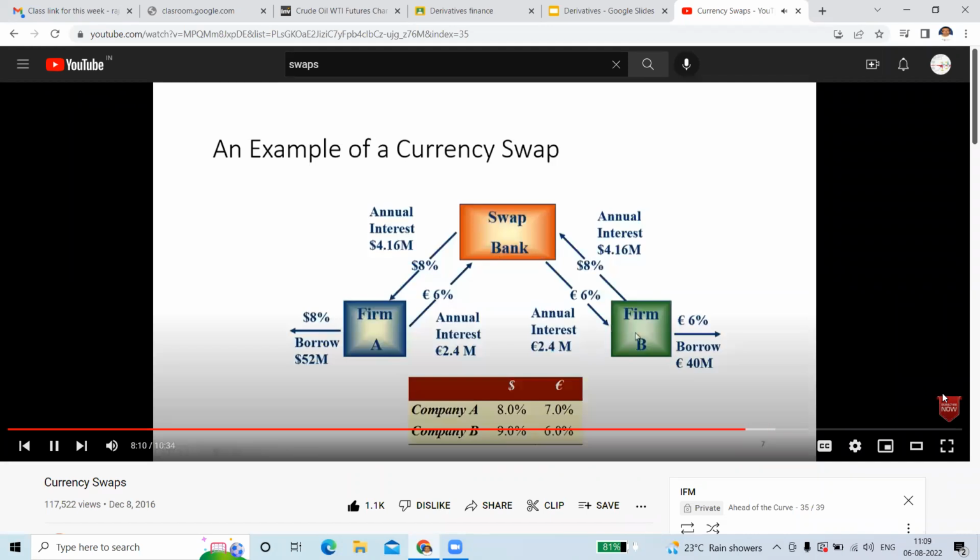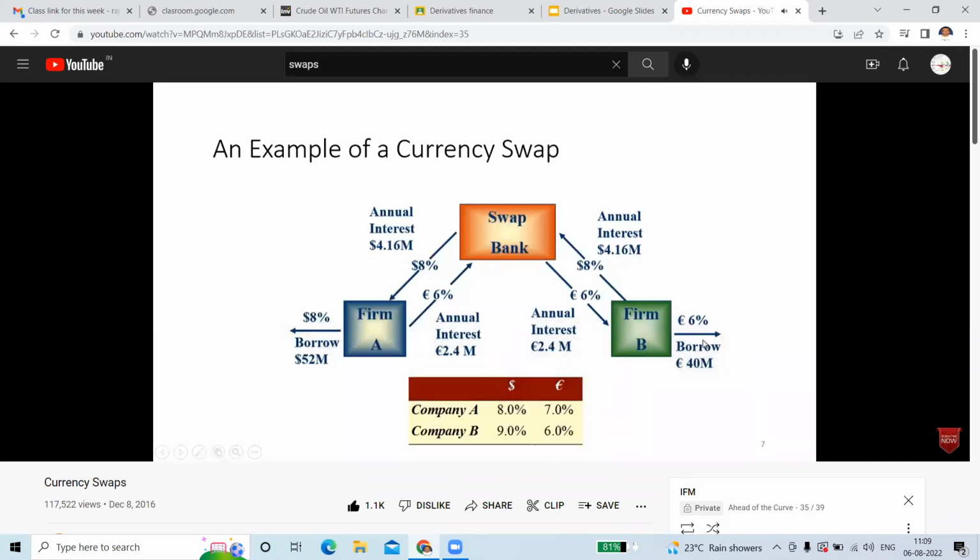Here, firm B is paying 6% to borrow these 40 million euros, but they are also receiving 6%. So that cancels this out. So firm B winds up paying an 8% dollar rate. Firm A winds up paying a 6% euro rate.